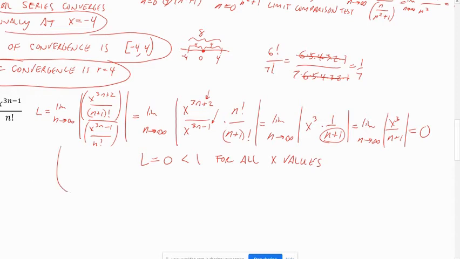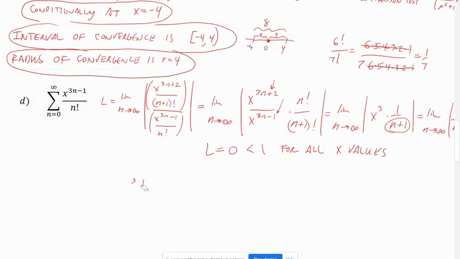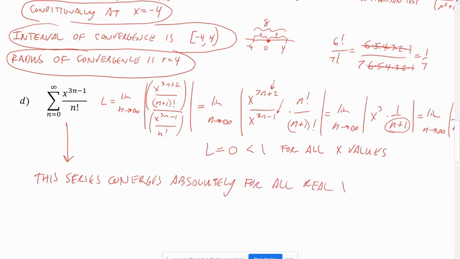And so that means the original series converges absolutely for all real x, which means it doesn't converge conditionally anywhere.